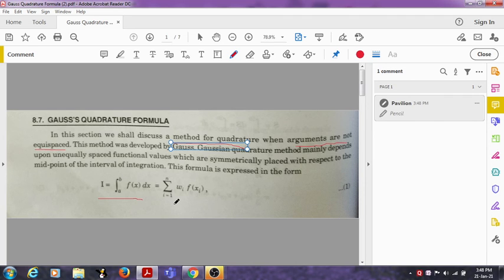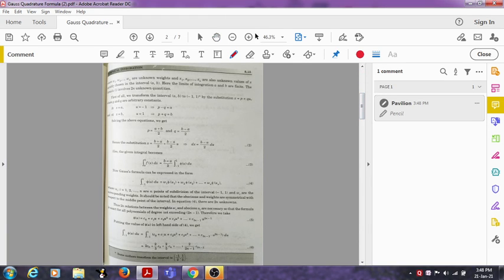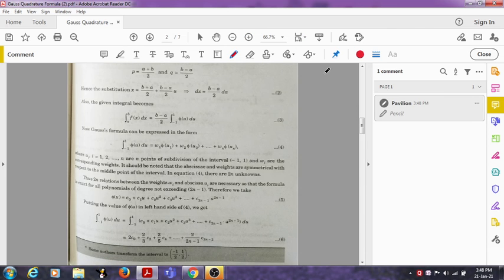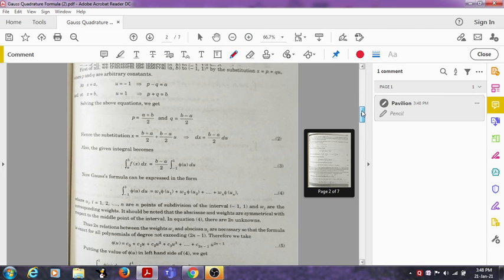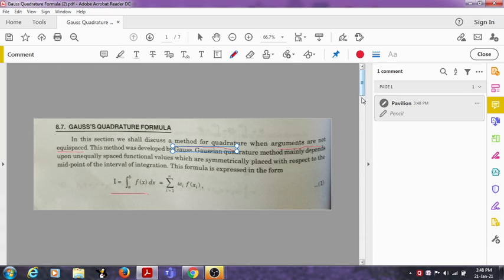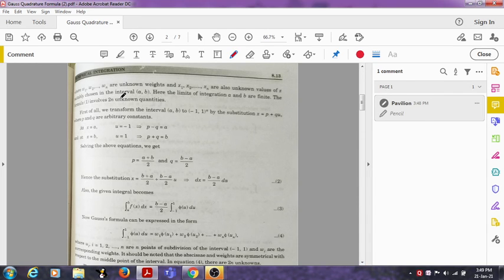in the form of sigma wi into f of xi, where i varies from 1 to n. In this equation, wi and xi are unknown quantities, so we try to find them.